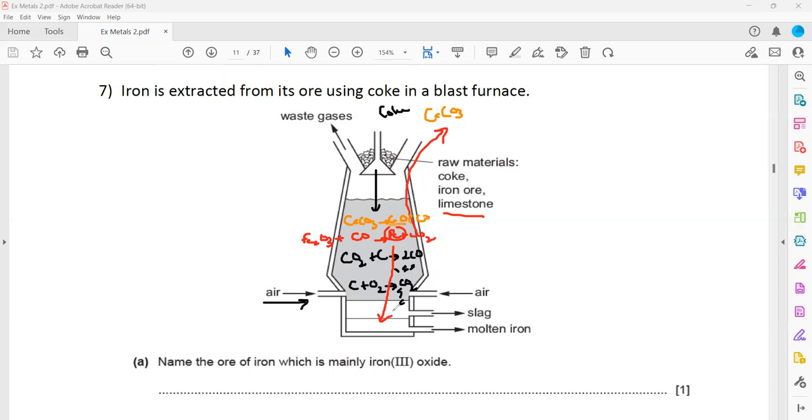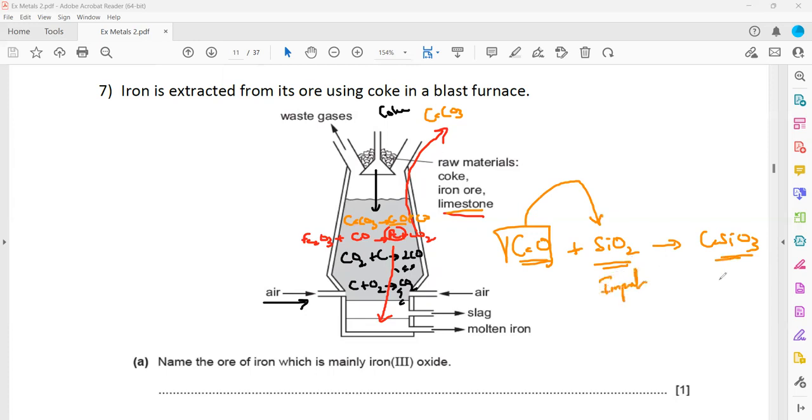And this calcium oxide, which is a basic oxide, reacts with the sand, silicon dioxide, and forms calcium silicate, or slag. So the main purpose of the limestone is to produce calcium oxide, which reacts with the impurity silicon oxide, or sand, to form slag.